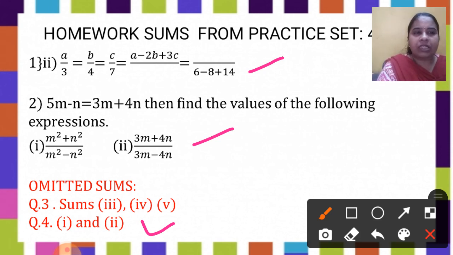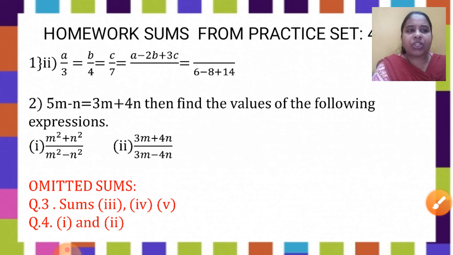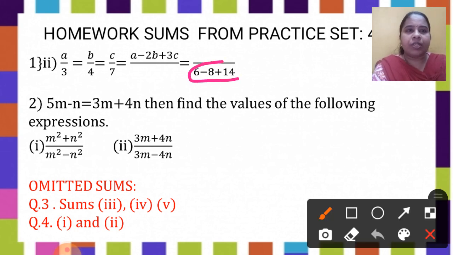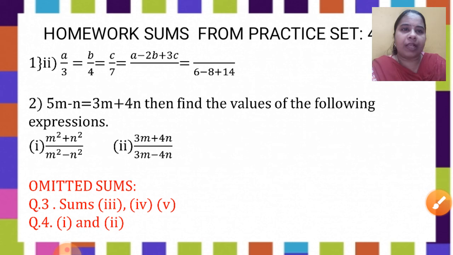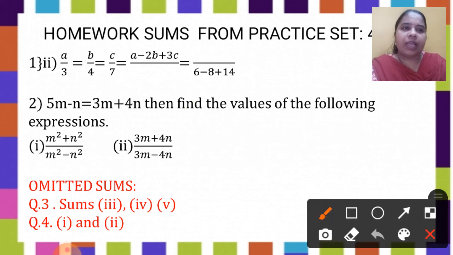Okay, I'll just discuss these homework sums with you, especially this part. See here, it is 6, minus 8, plus 14. Now I'll give you a clue for this. 6 can be written as 3 into 2. Yes or no? Yes.